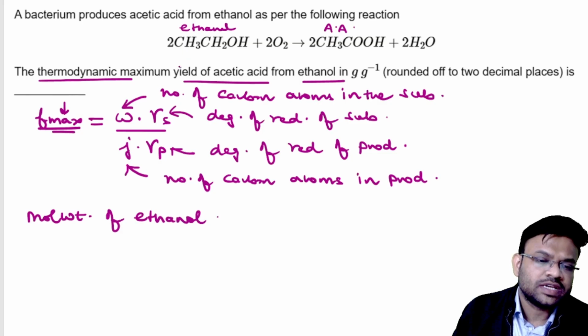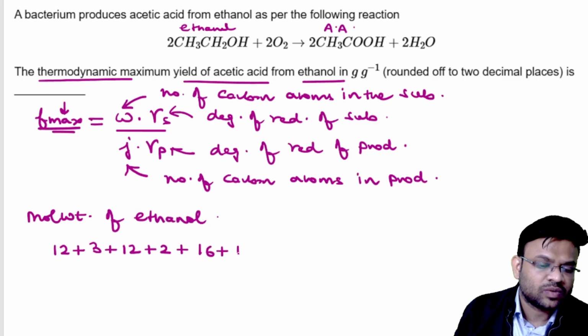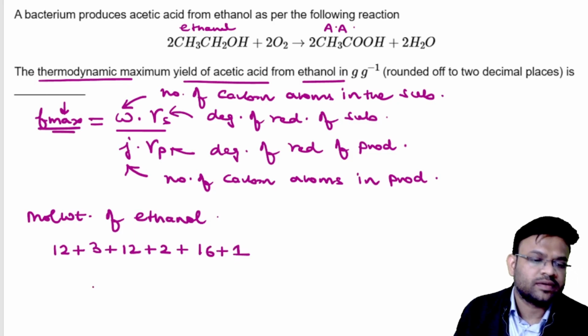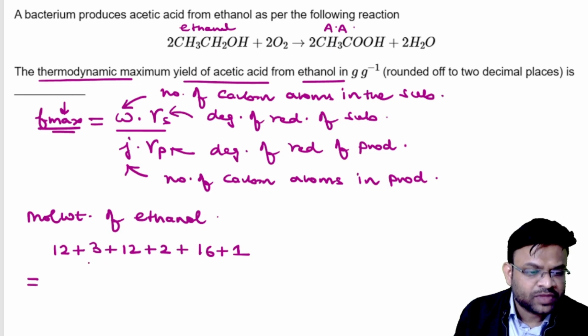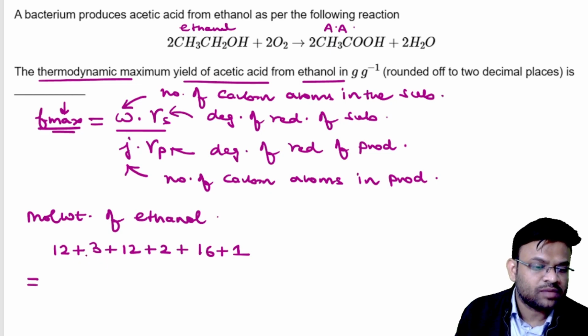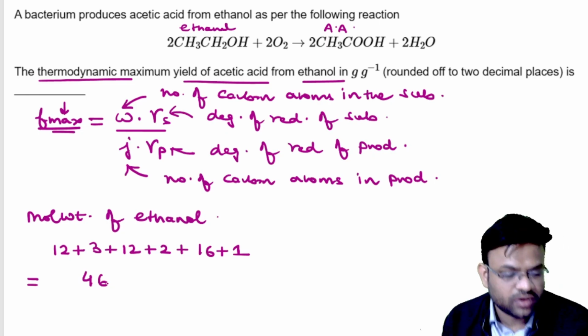So obviously 12 plus 3 plus 12 plus 2 plus 16 plus 1. If you calculate this, it comes out to be 46. This is the molecular weight of ethanol.